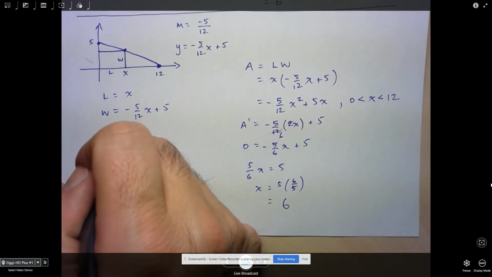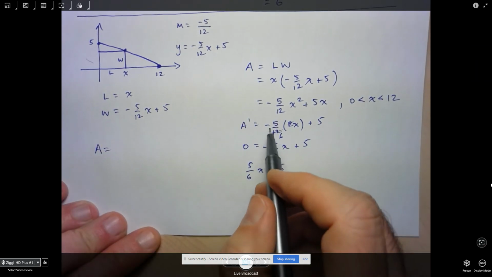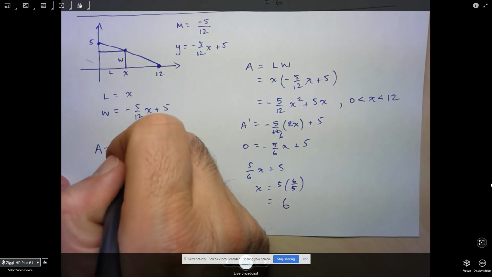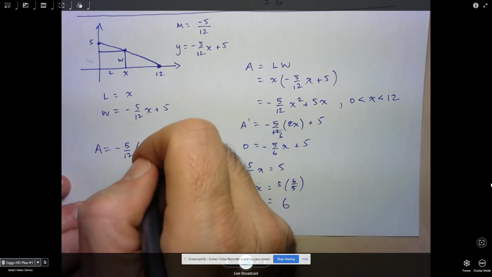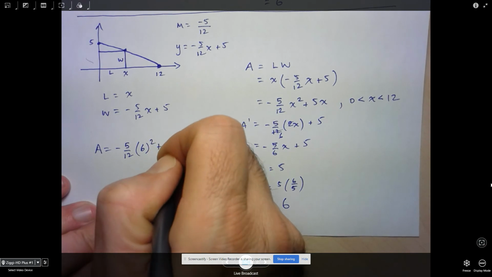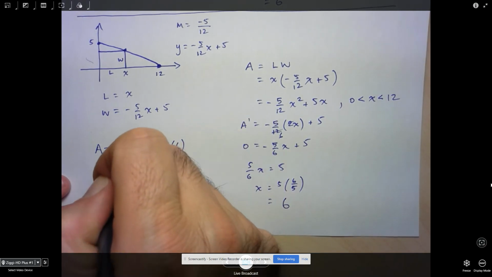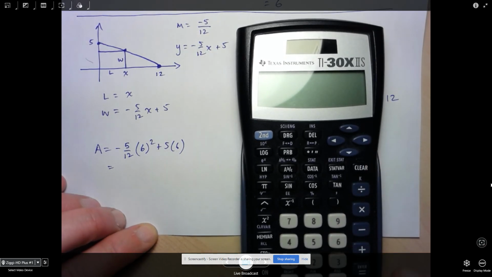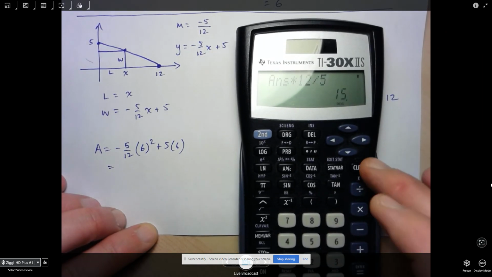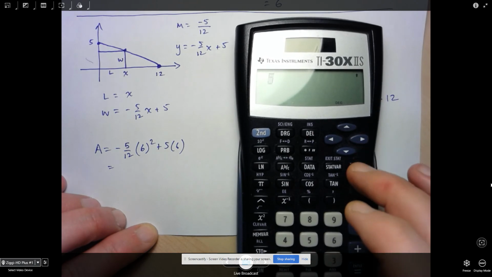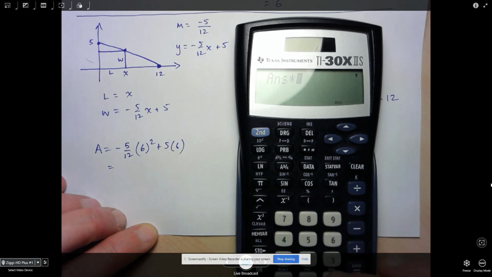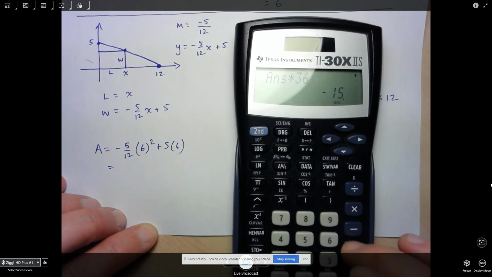Okay, let's put this into our equation. I have to make sure that this equation still gives me the correct answer that I got before. So -5/12 times 6 squared plus 5 times 6. All right, so let's calculate that here. Negative 5 divided by 12 times 36, plus 5 times 6 is 30, and there we go.